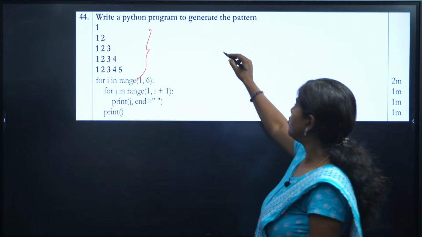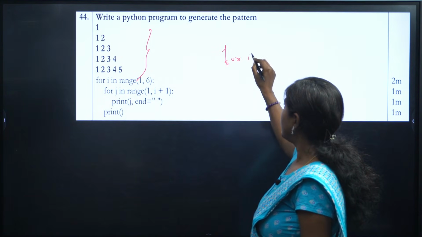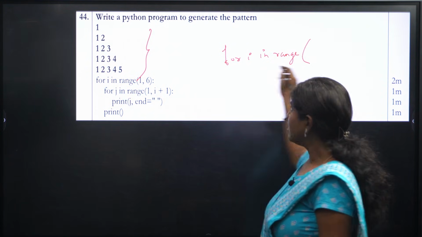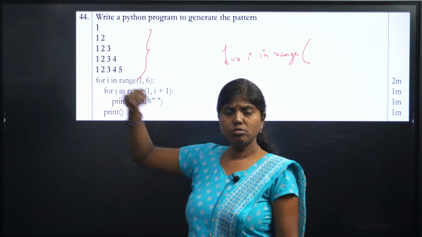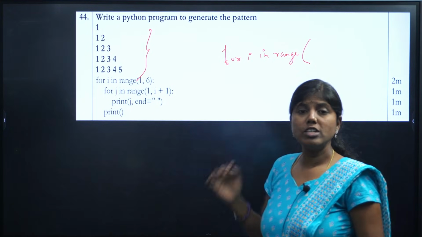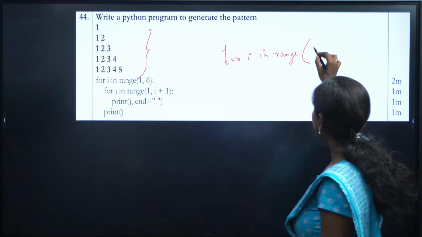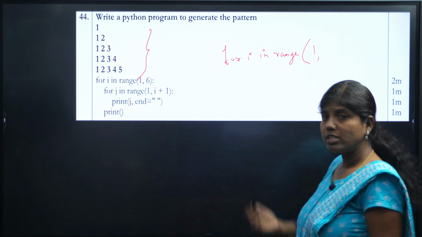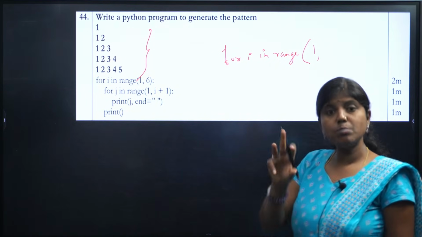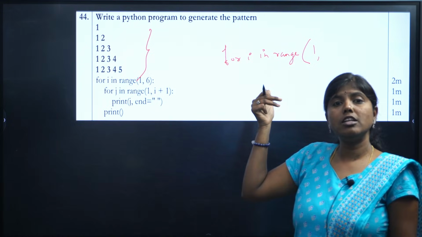We'll make use of a for loop. Okay, for i in range. So how does it begin? First row 1 value, second row 2 values, third row 3 values. That means it is starting from 1 till where? How many rows? I told you the fifth row. We should have those values in the fifth row, but the end value is excluded in the range function.